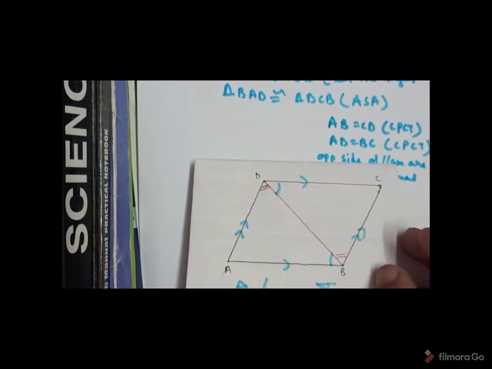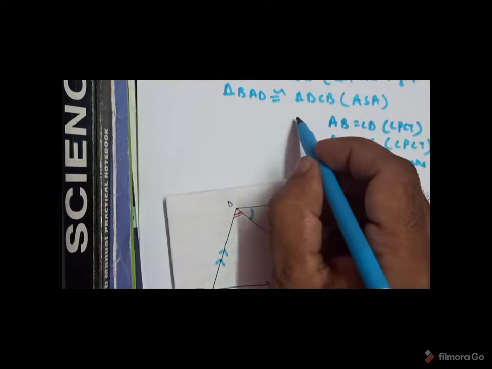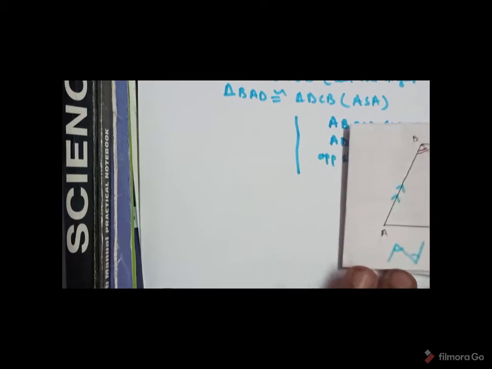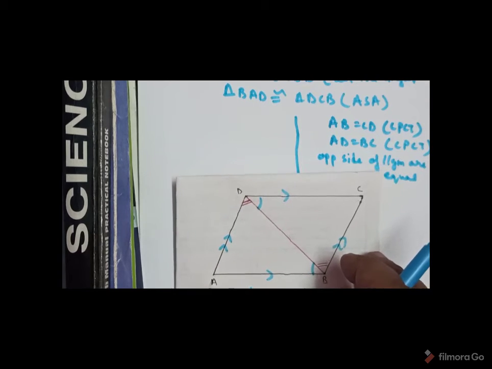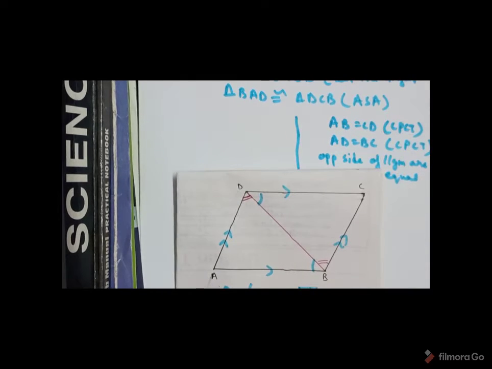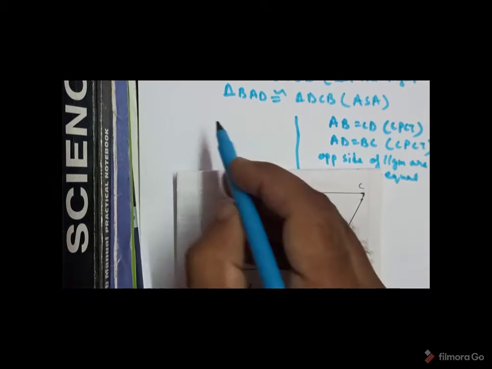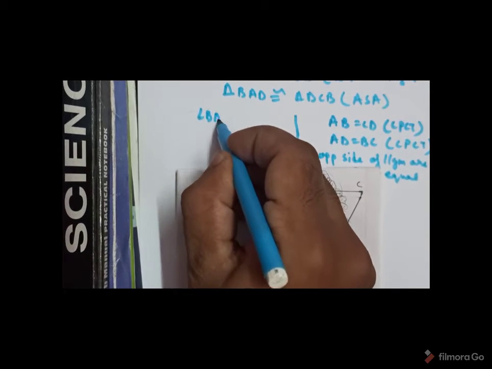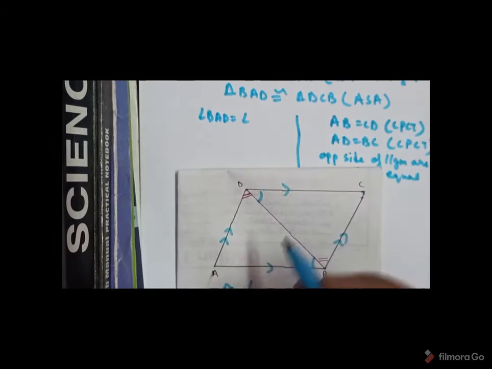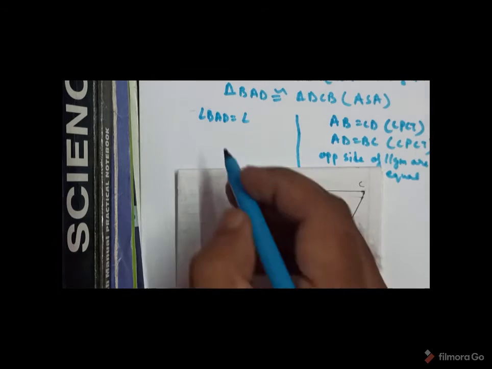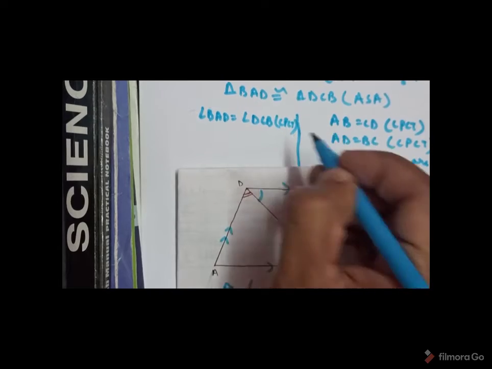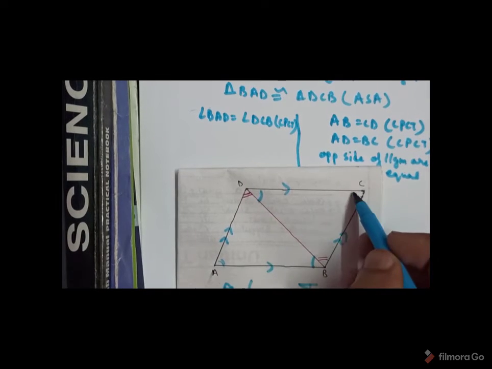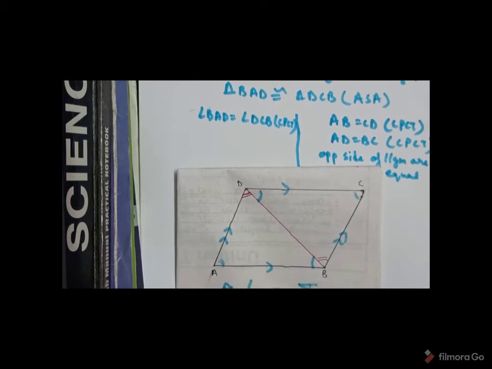By CPCT, we can also say that if we take a look at the opposite angles, here angle BAD will be equal to angle BCD, or DCB, again by CPCT. These two angles are equal.